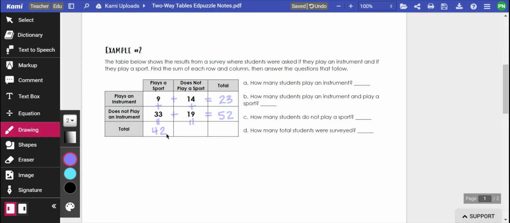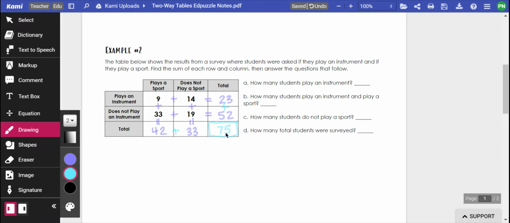Doesn't matter if they play an instrument or not. And then 14 plus 19 gives me 33. So to double check, we could see that in total over here, our box should equal the same number whether we add these two totals or these two totals, which regardless should give us 75.